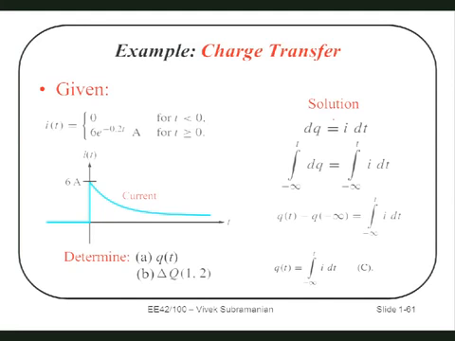So at the end of the last class, we said the charge is going to be the integral of the current with respect to time from the start of our measurement, which was minus infinity, to whatever time we care about, which is t. So our first equation was q of t is equal to the integral from minus infinity to t of I. That's what we started with.